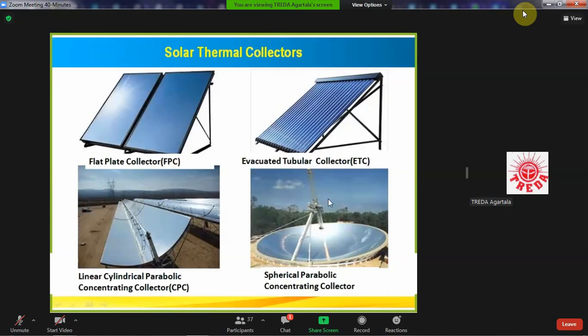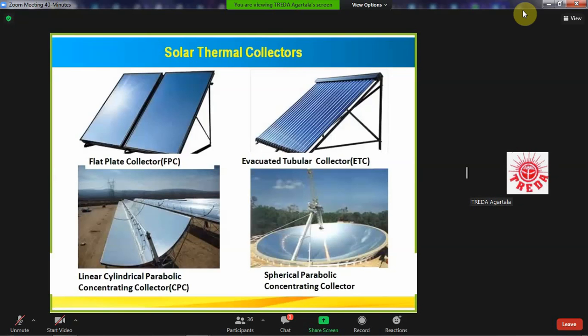You see, this is the flat plate collector, and this is the evacuated tubular collector. The difference between the two collectors: the flat plate collector has less efficiency than the evacuated tubular collector, although the cost of the ETC is more than the FPC.